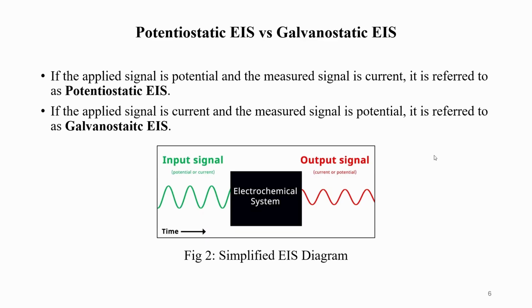The diagram shows that the input signal, either voltage or current, passes through the electrochemical system and produces an output signal with a different amplitude. This output helps us understand how the system responds to AC. Next slide.